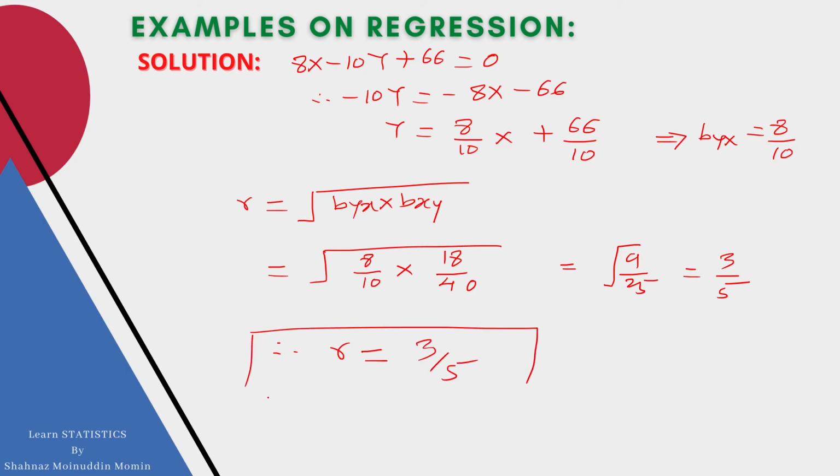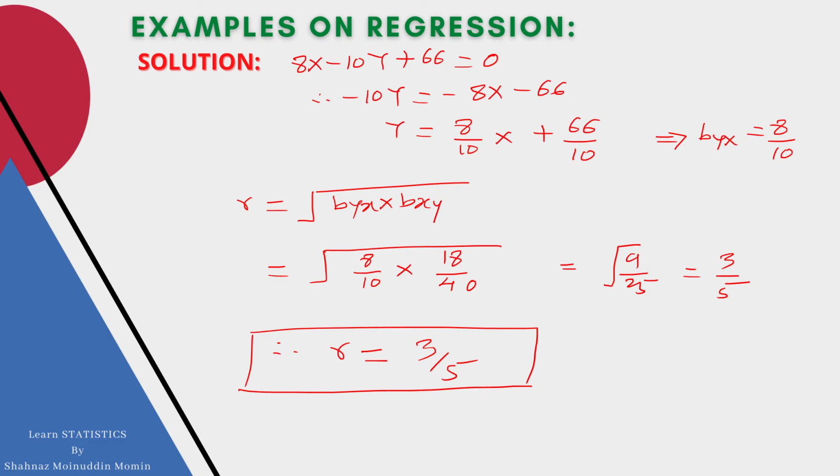In this lecture, we learned examples on regression. In the 3 examples of regression, we took 3 different types. In the first type, we calculate the correlation coefficient by using the first method of obtaining correlation. Then we obtain the regression coefficient, and next we find the line of regression.